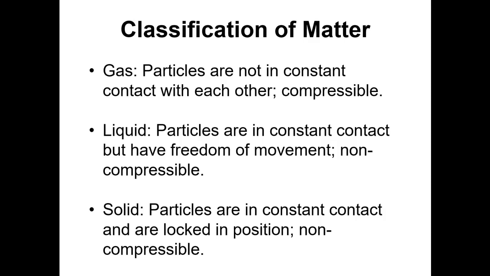And then a solid, in which the particles are in constant contact with each other, and they're fixed in a sort of lattice or array, and that's also a non-compressible state of matter. Now, having said all that, that's actually not the classification of matter that we're talking about today, but it is something that we will get back to a little bit later in the year.